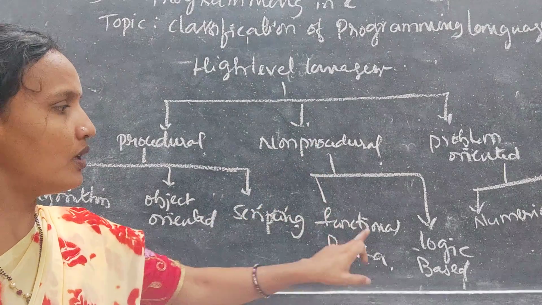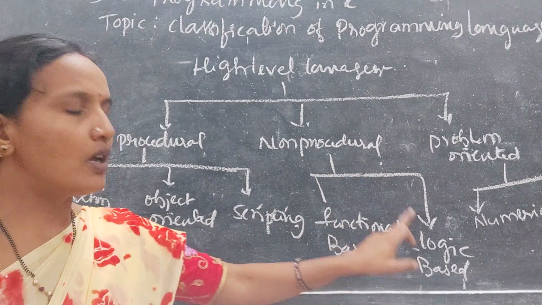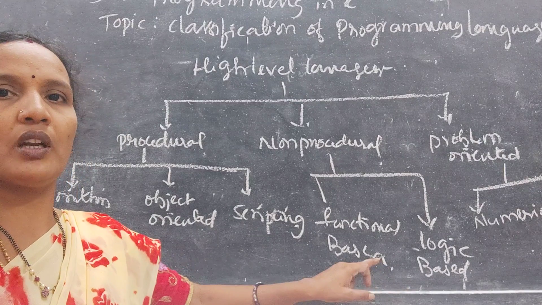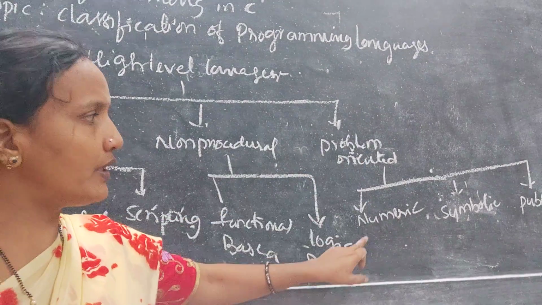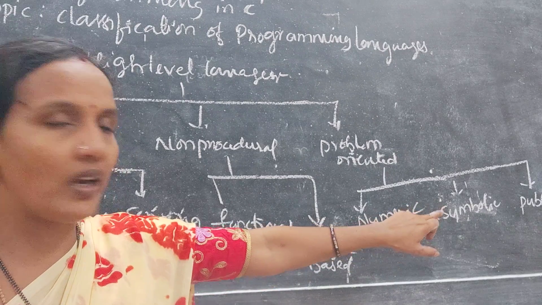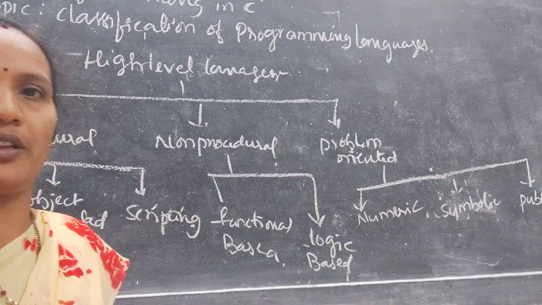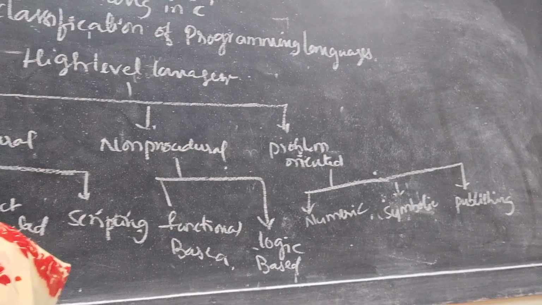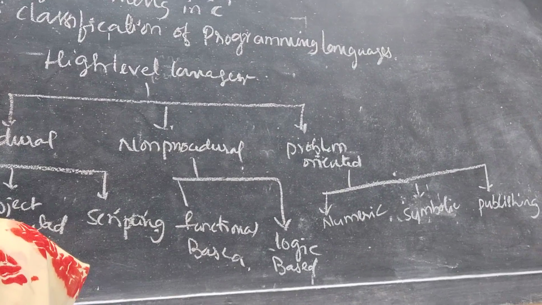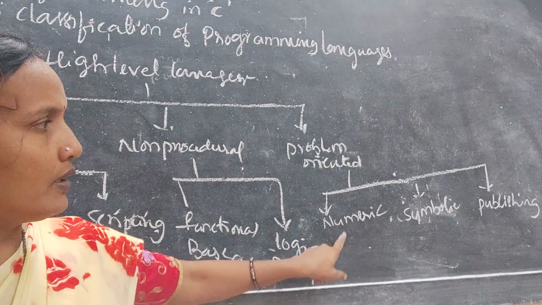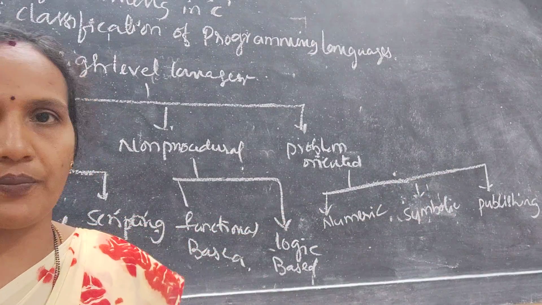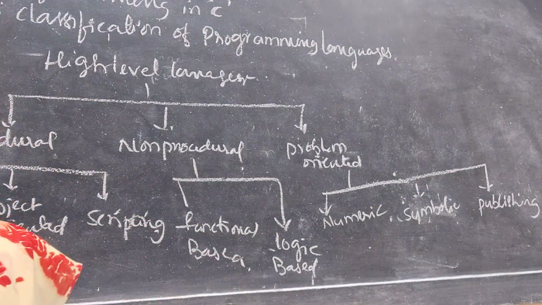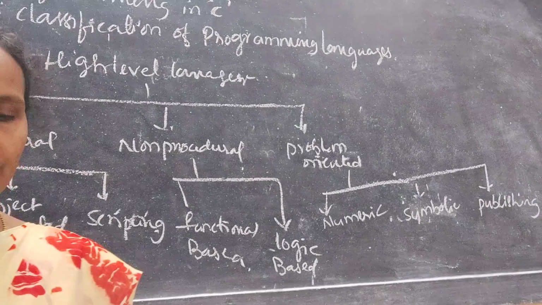Non-procedural is divided into two types: functional based, logic based. What are those? I will explain. Now come to the third one: problem oriented has three types: numeric, symbolic, publishing. I know it is a little bit big, but try to write. I will explain one by one.